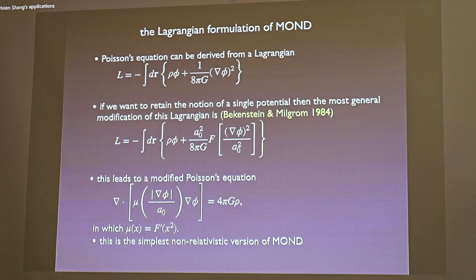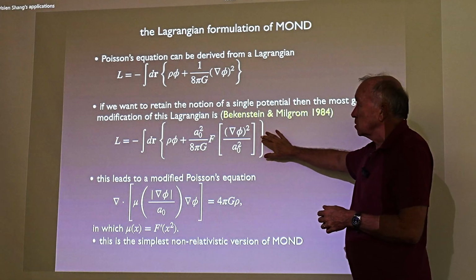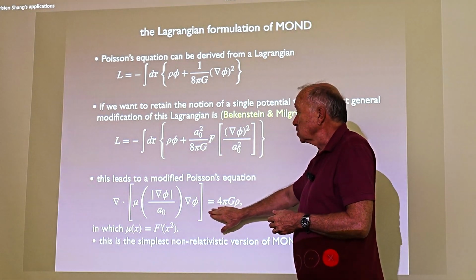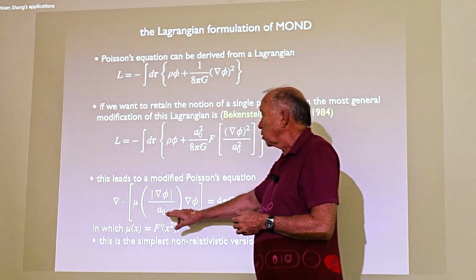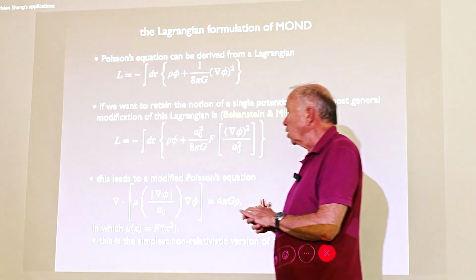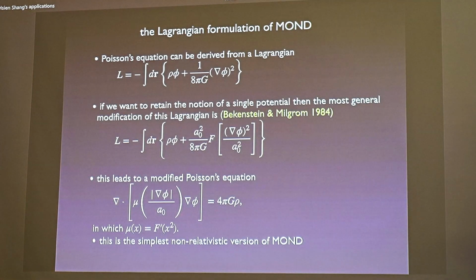And if you work out what the analog of Poisson's equation arising from this Lagrangian is, it looks like this, where the standard Poisson's equation would just have mu equal to 1. So this is by far the simplest non-relativistic version of MOND.